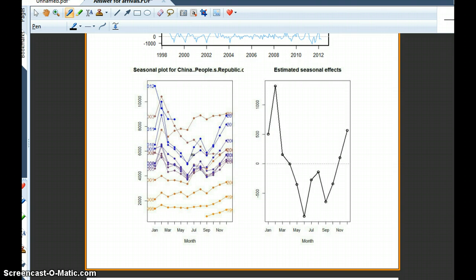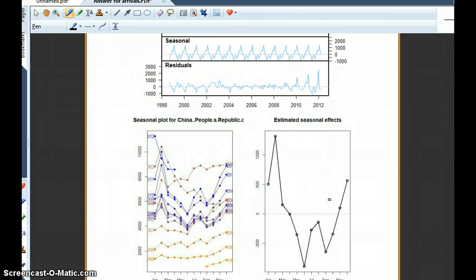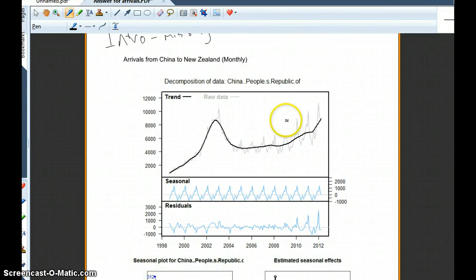Compared to a lot of the ones we've looked at, it is quite varied, but we do have some pattern happening for the seasonal effect. So it's not that the seasonal effect isn't there. There is a seasonal effect within this graph, and you only have to look at the raw data and see that the shape is repeating itself over and over, which is the seasonal effect.